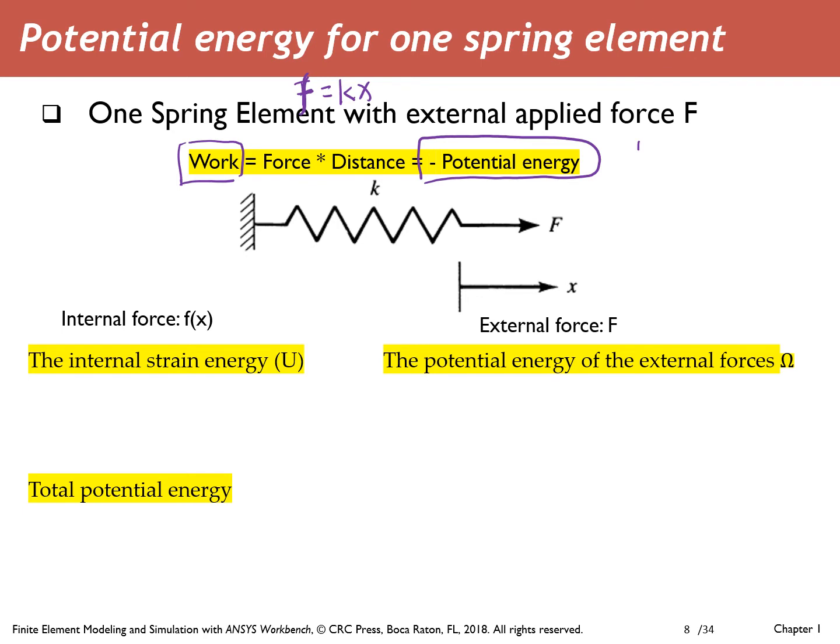So with conservation of energy, work plus potential energy equals zero, and that leads to work equals minus potential energy. We also know that work can be defined by force times distance, and that leads to the potential energy equals minus force times displacement.